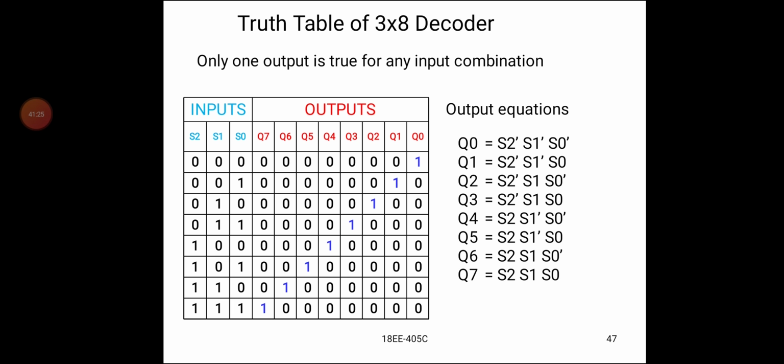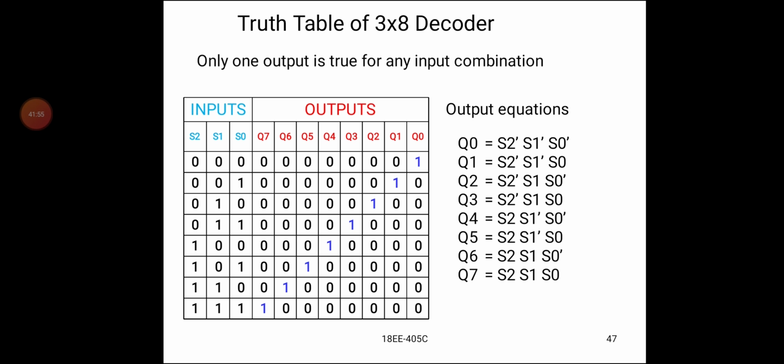Then 0, 0, 1, Q1 is enabled. 0, 1, 0, Q2 is enabled. 0, 1, 1, Q3 is enabled. 1, 0, 0, Q4 is enabled. 1, 0, 1, Q5 is enabled. 1, 1, 0, Q6 is enabled. 1, 1, 1 inputs, then Q7 is enabled.